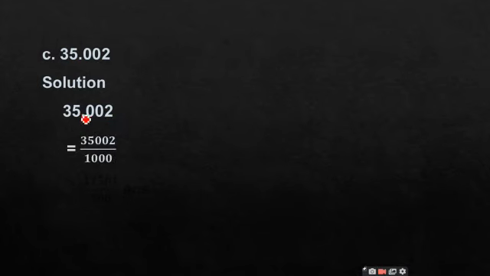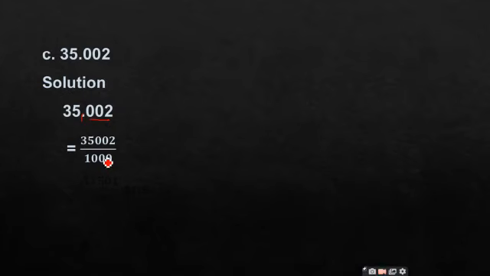Now let's do part C, which is 35.002. Solution. First we write the question as it is, and then we remove the decimal from the number. After the decimal we have 3 digits, so we have to add 3 zeros in the denominator with 1. So 35002 upon 1000.